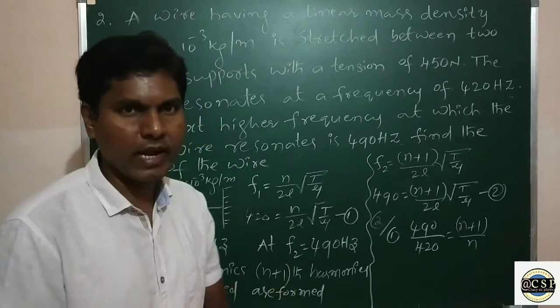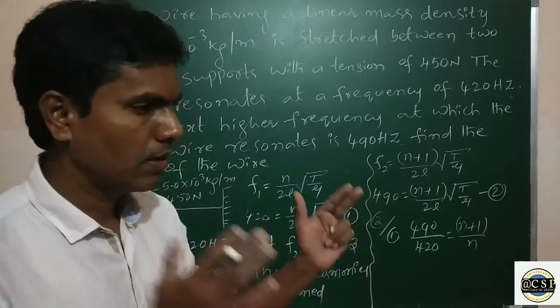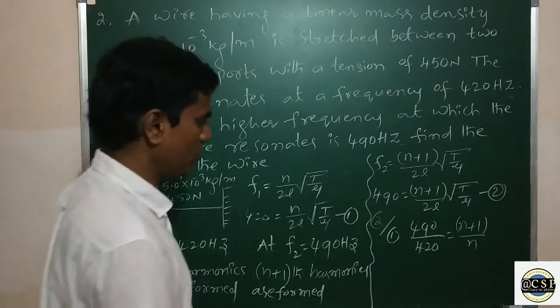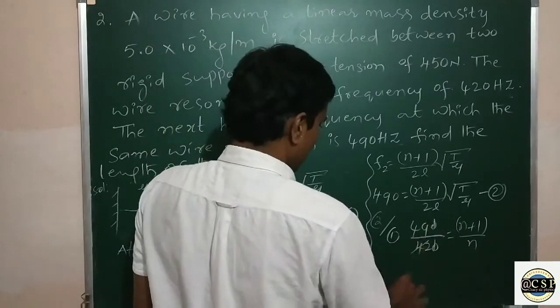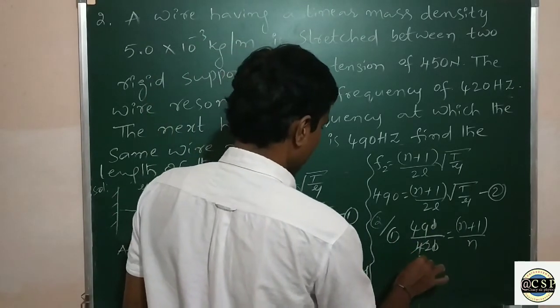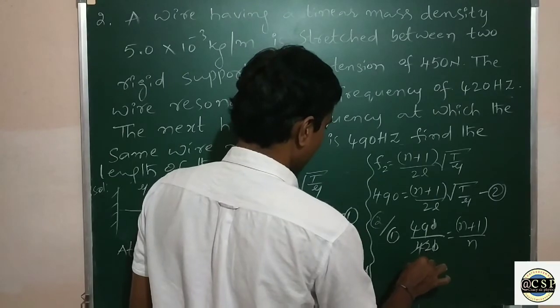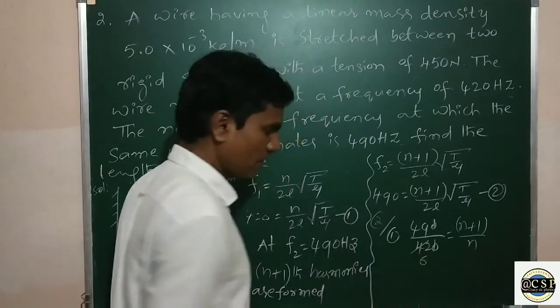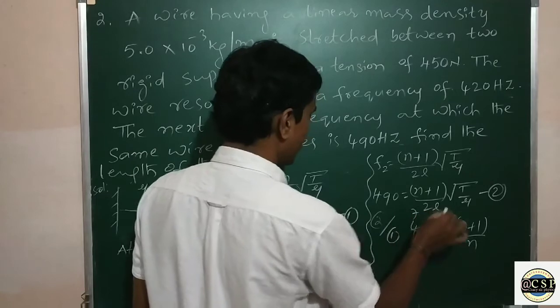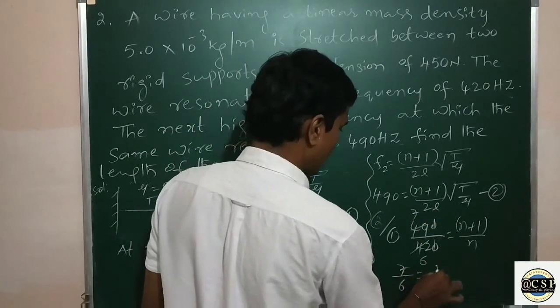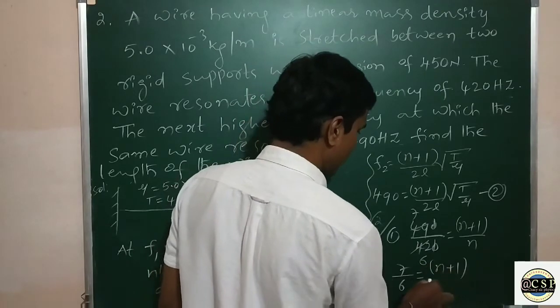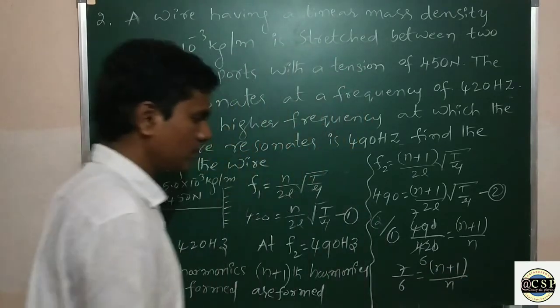We have to calculate the number of harmonics between two rigid supports. Here the zeros cancel, and we get 7 by 6 is equal to (n+1) divided by n.